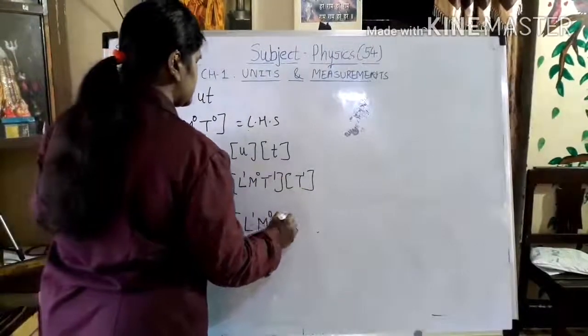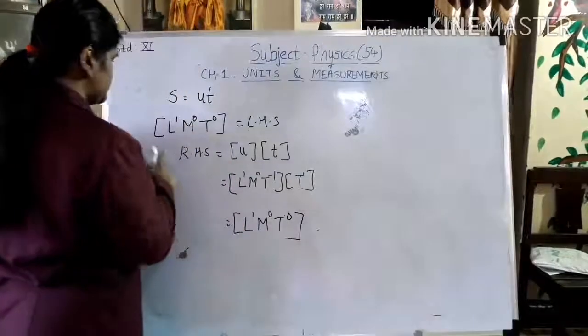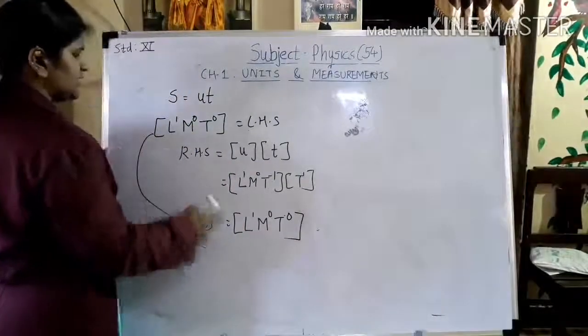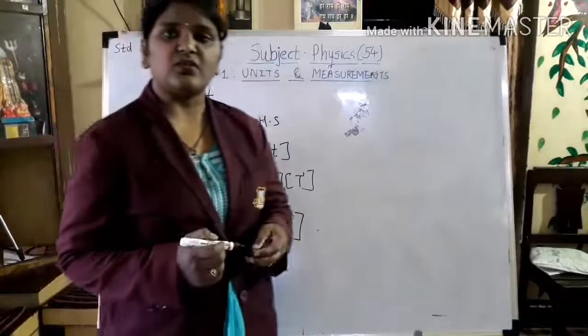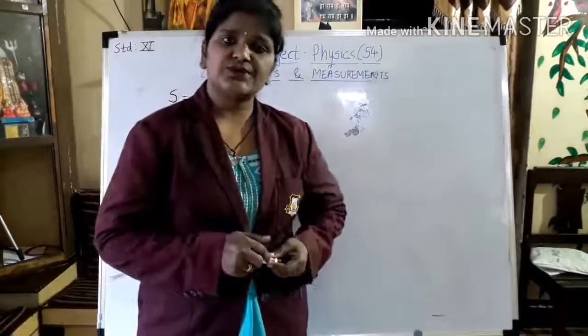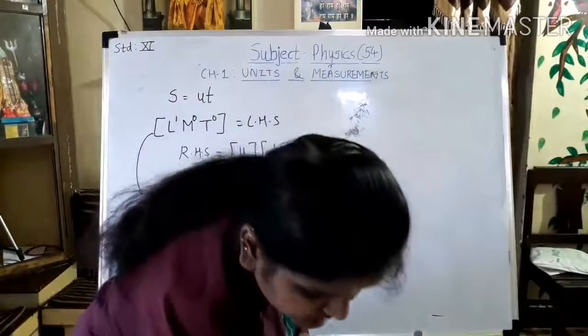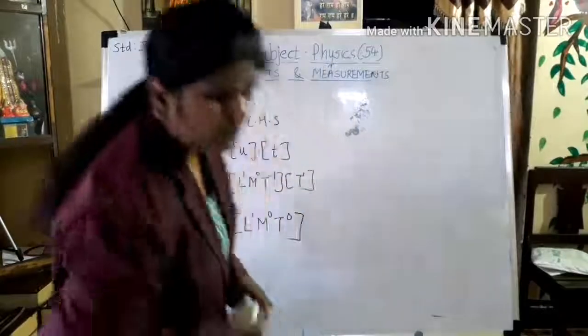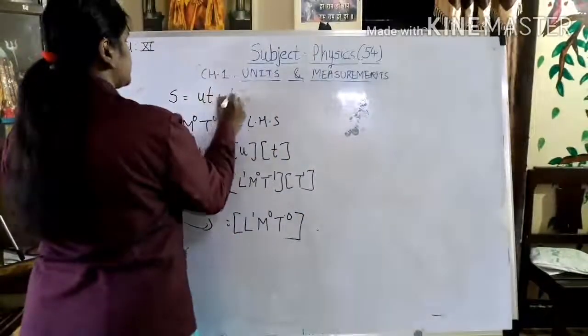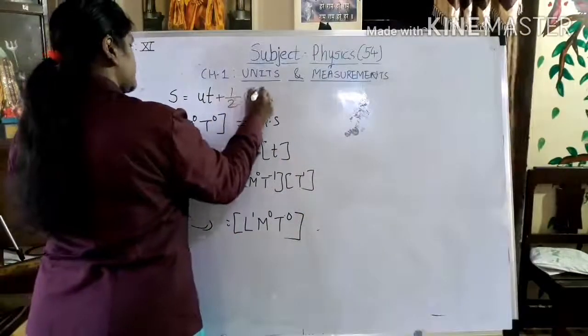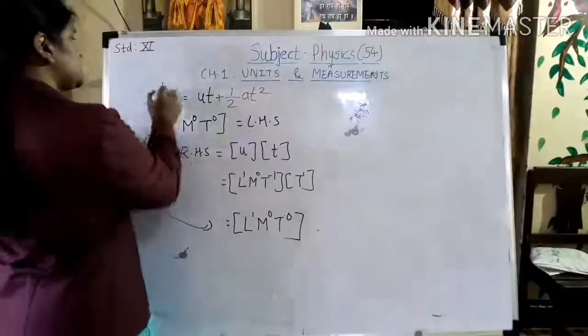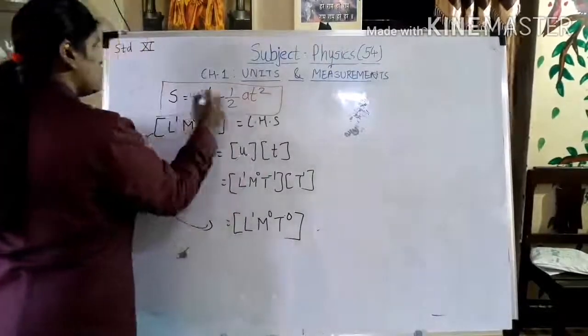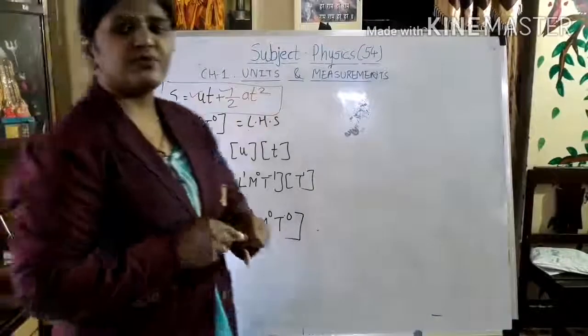It becomes 0. So you can see LHS and RHS both are equal. But is this the correct equation? No. Because the equation has one more term, which is this, this is the correct equation, x is equal to ut plus half a t squared. Both the terms should be there, right?